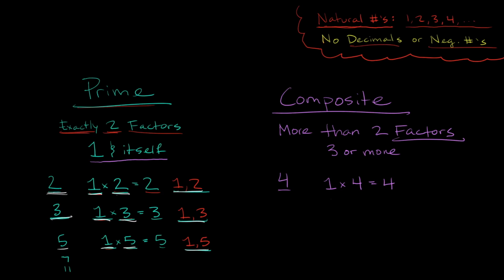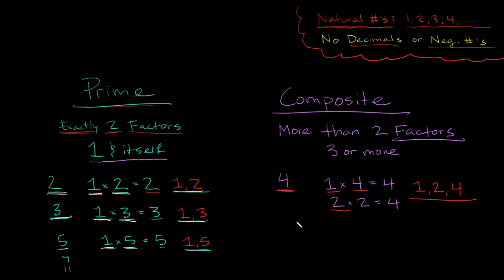We could also do 2 times 2, that gives us 4. So how many different factors does the number 4 have? We have 1, 2, and 4. That's 3 different factors, 1, 2, and 4.